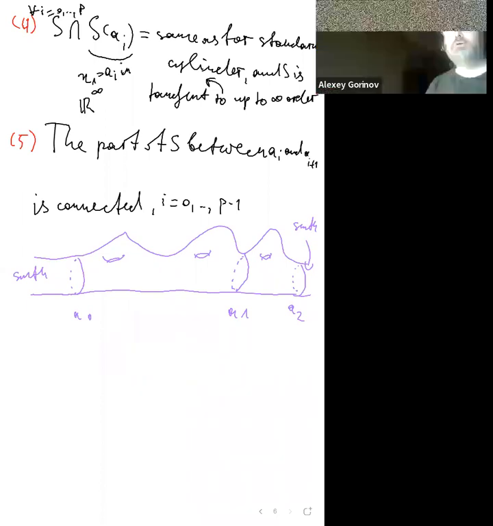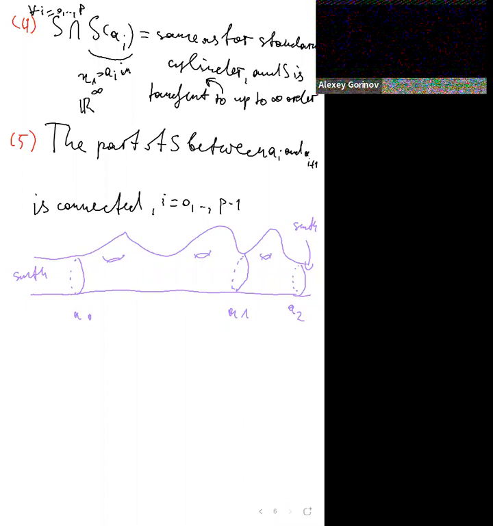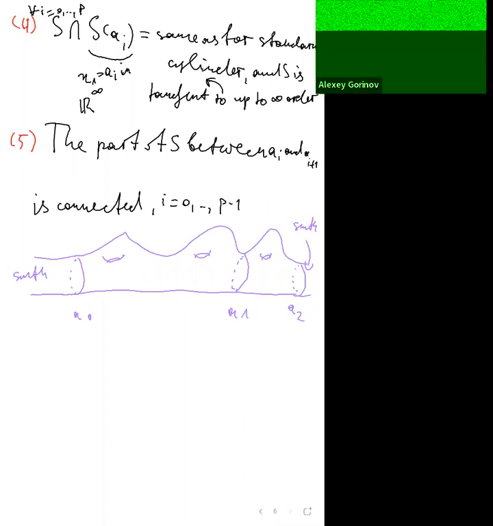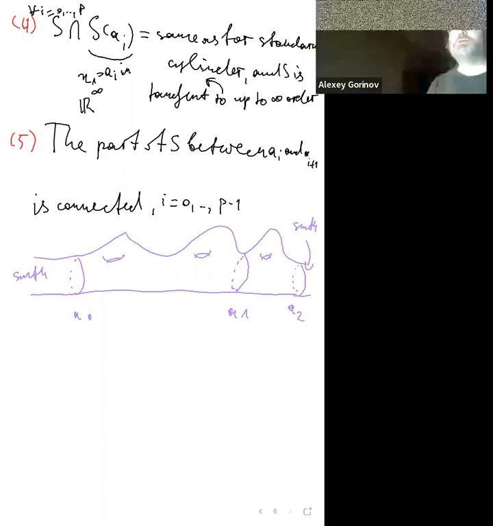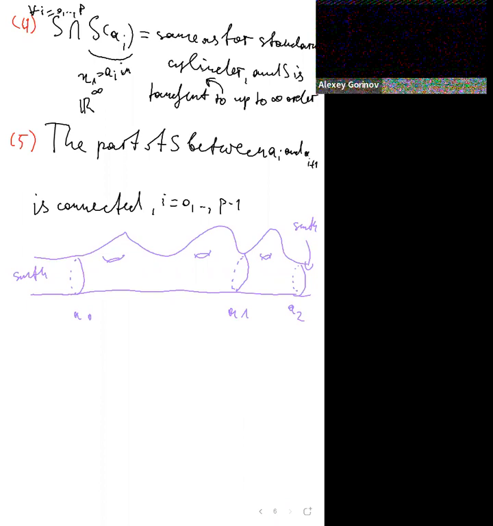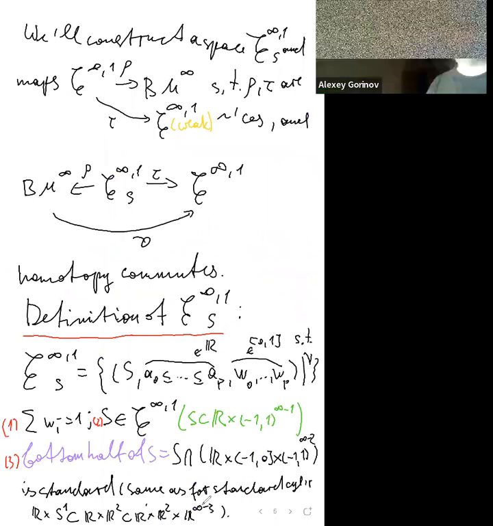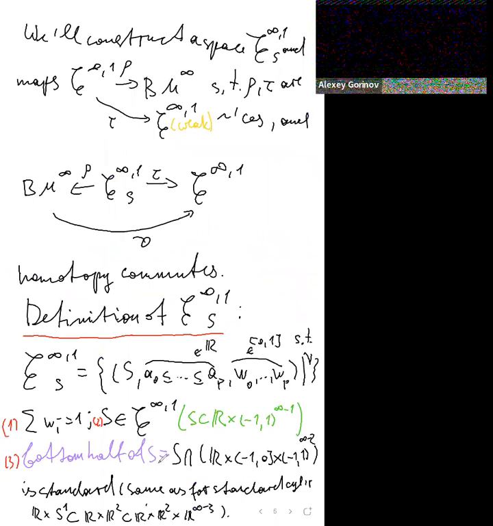So there may be other components floating around, provided they are to the left of A0 or to the right of A2. And also provided they do not mess up this condition, which says something about the bottom half.